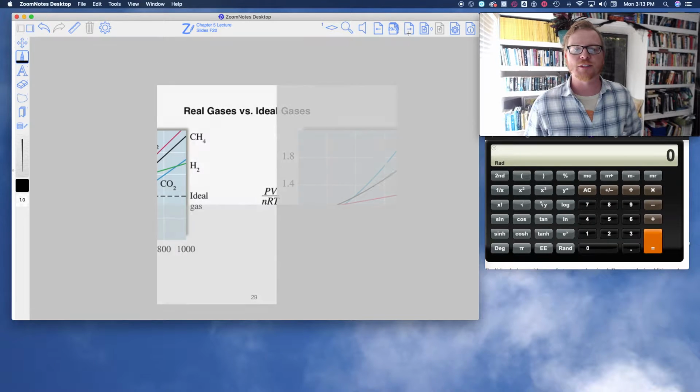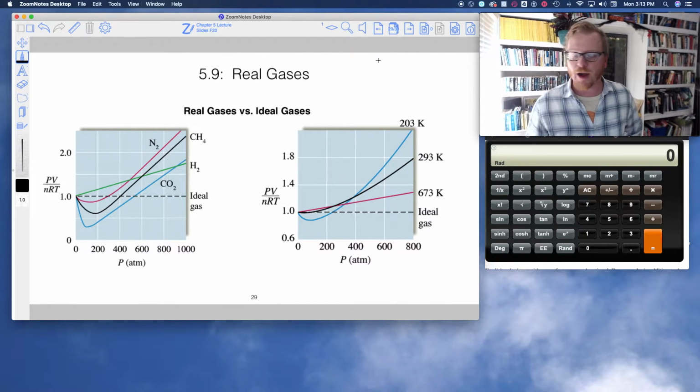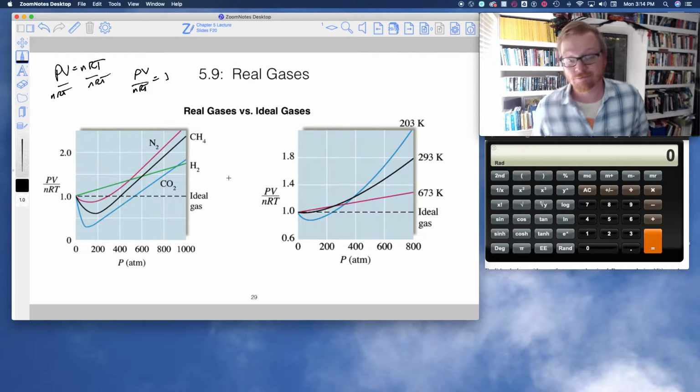And I like to play this thought experiment. Oops, we'll play the thought experiment next. What I want to show you now is the result if we take the equation and play with it. Remember, PV equals nRT is the ideal gas equation. If I divide both sides of this equation by nRT, then I get PV divided by nRT equals 1, right?